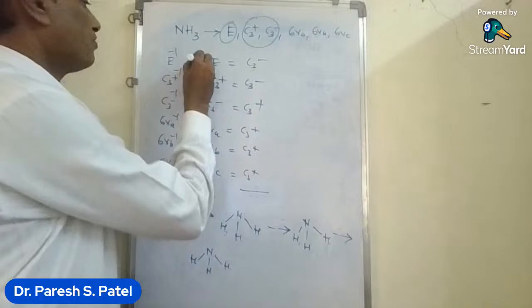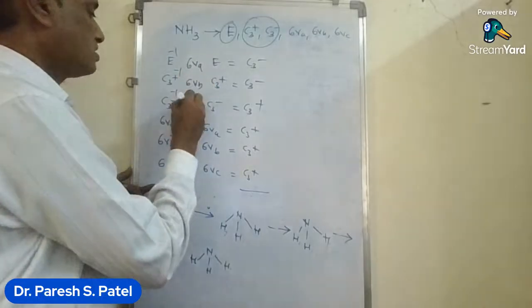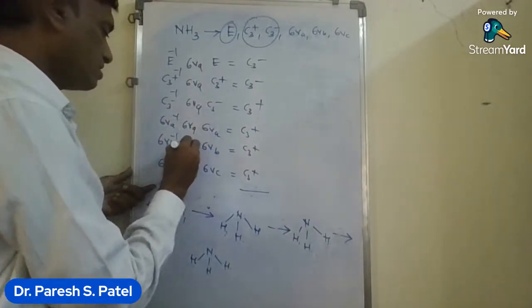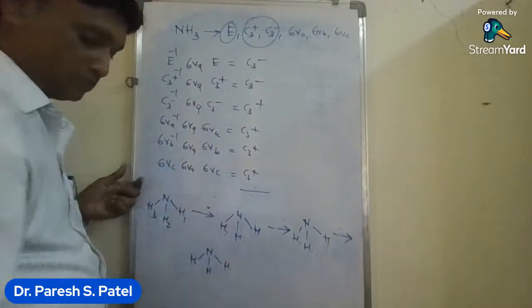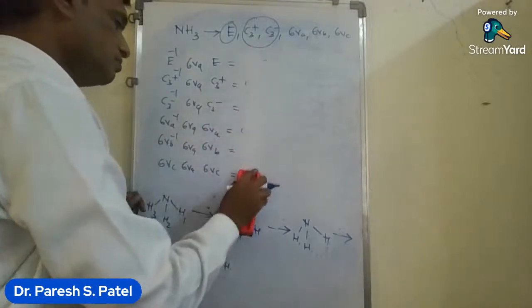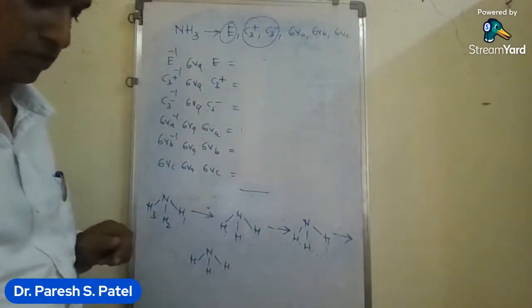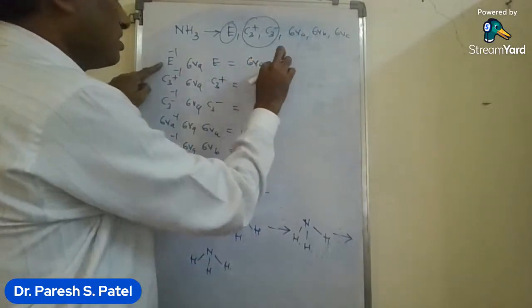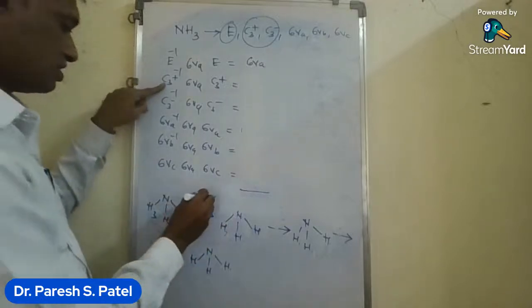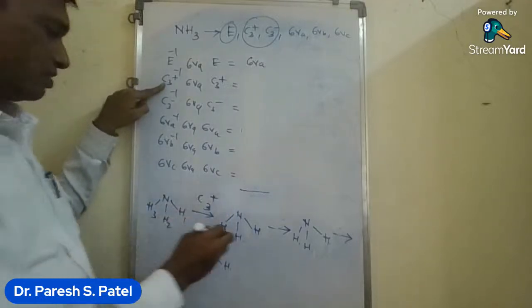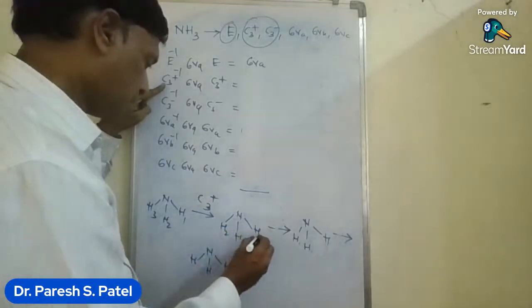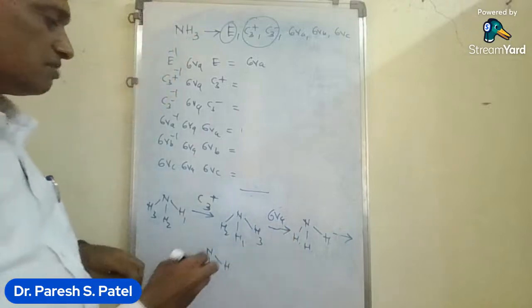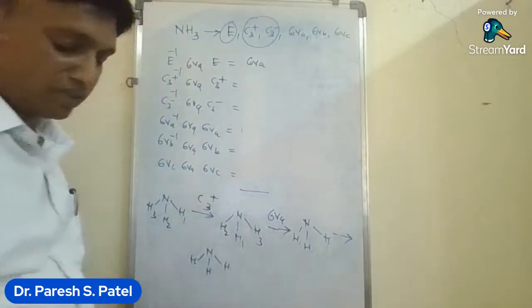Now if you go for sigma vA, sigma vB, sigma vC, and operate E inverse sigma vA E, the result is sigma vA. In this case, if you operate C3 plus to give 1, 2 and 3, then sigma vA, it means rotation followed by reflection.